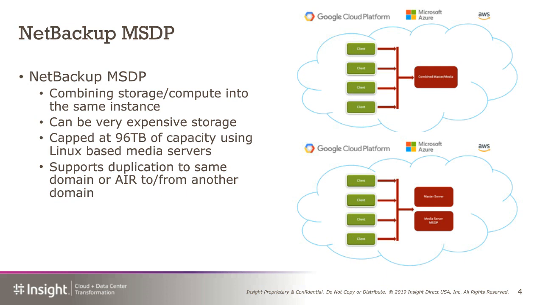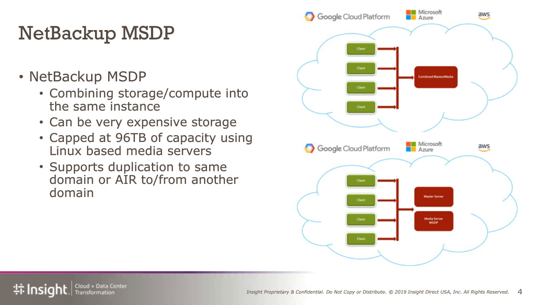Some key points to take away here: for a Linux-based master media server, specifically the media server, you're capped at 96 terabytes of MSDP. For Windows, that's 64 terabytes. And it does support duplication or AIR to and from other domains.